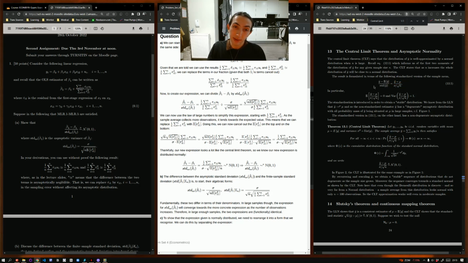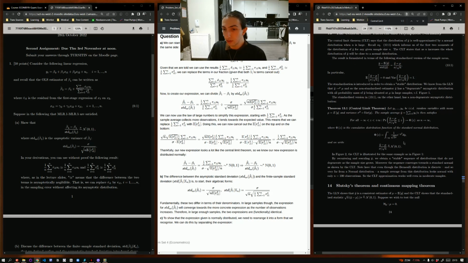So now that we have the central limit theorem, it stipulates that any standardized form is essentially going to be normally distributed asymptotically. So we now know that this expression is distributed asymptotically, and because this expression is equal to beta 1 hat minus beta 1 over the standard deviation, we can say that it's distributed normally, and that's it. Okay, at least that's as far as I got.